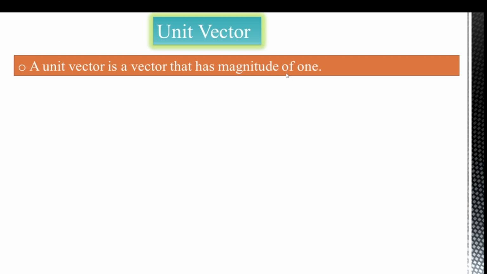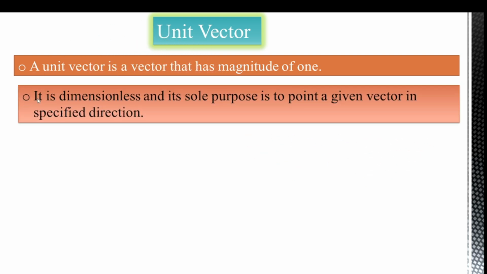Its magnitude is 1, so the unit vector is dimensionless, and its sole purpose is to point a given vector in a specific direction.